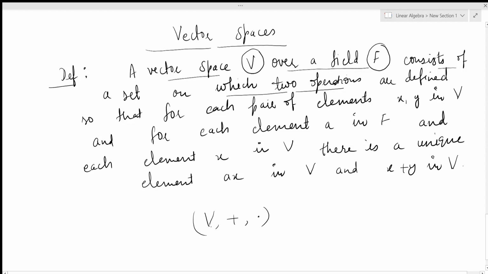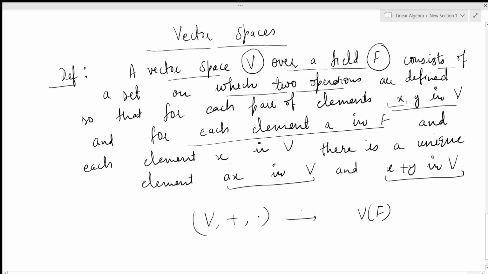You can write it as V over F. For each pair of elements x, y in V and each element a in F, there are two elements in V: for each x there is a unique element ax in V, and for each x and y there is an element x plus y in V.